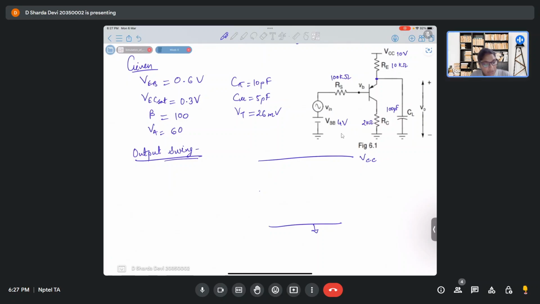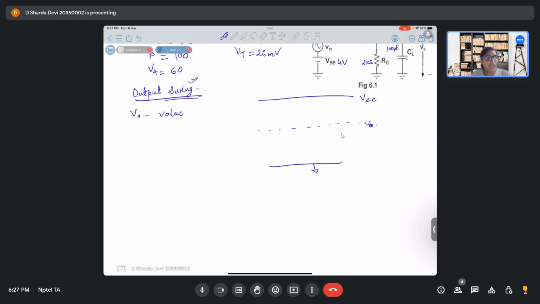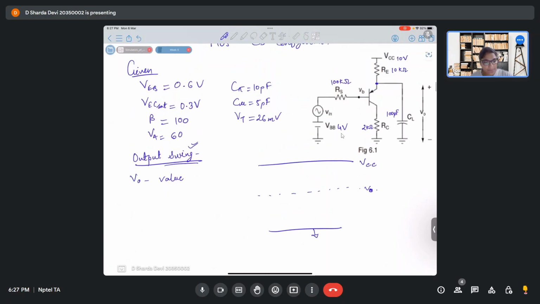First of all, when we have to find the output swing, we need to know the bias point or V out's value. We need to figure out where the V out can be placed. Depending on this V out and other conditions, we'll find out the actual swing that we can get. So first of all, let's find out V out.